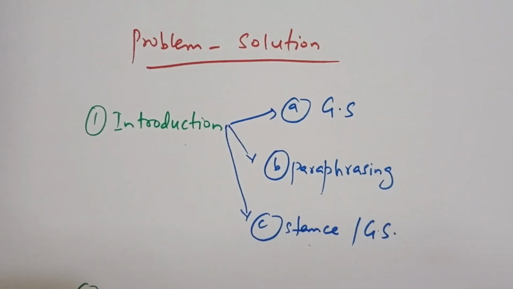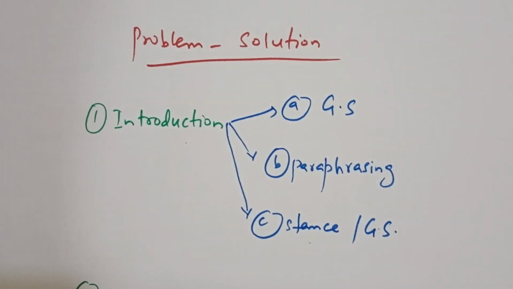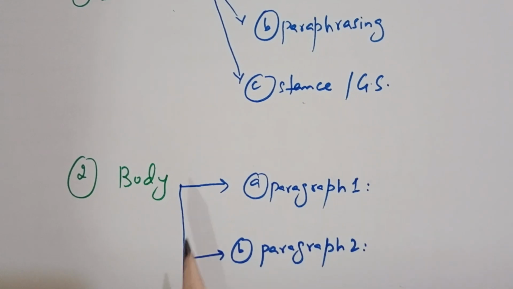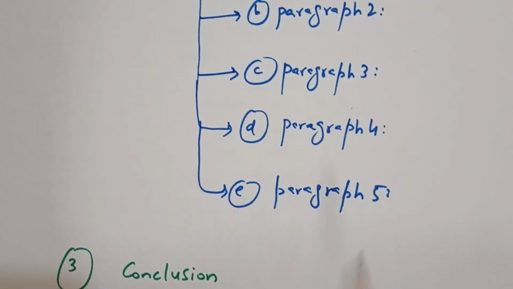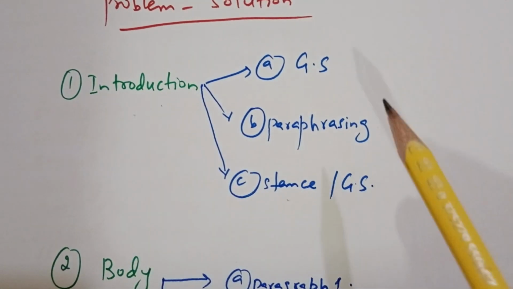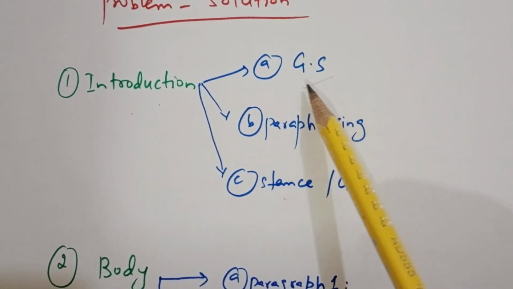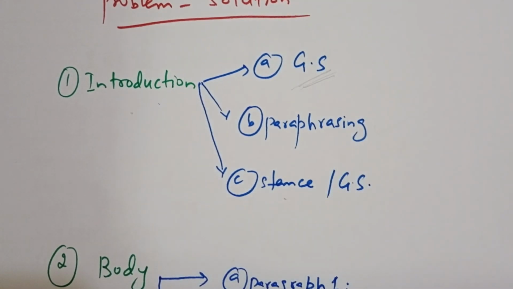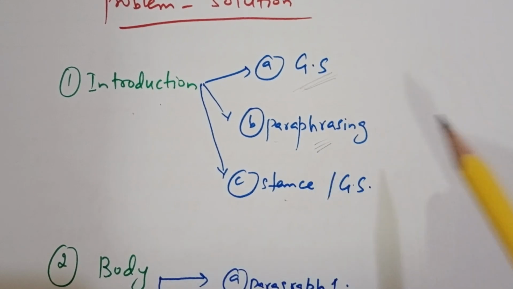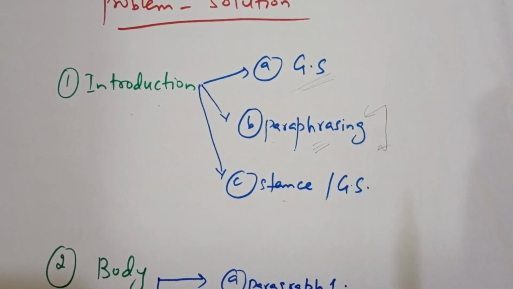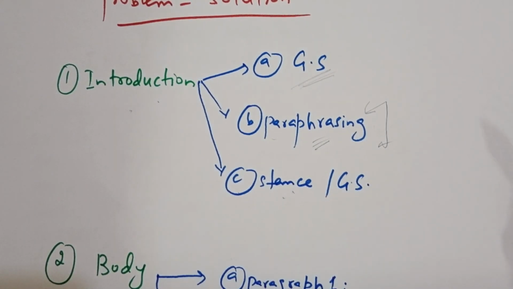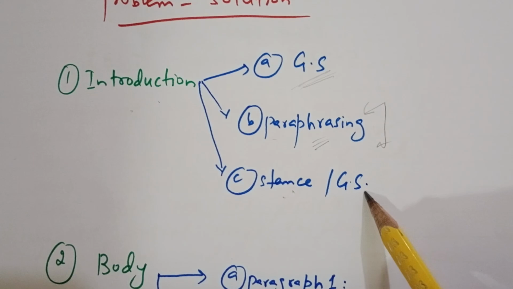I have mentioned several times earlier that there are three main components of an essay. The first one is introduction, the second one is body, and the third one is conclusion. There are three main parts of the introduction. The first one is the general statement that gives you the generalized view of the statement, the second is paraphrasing, the paraphrased version of the statement, and the third is the stance or thesis statement.